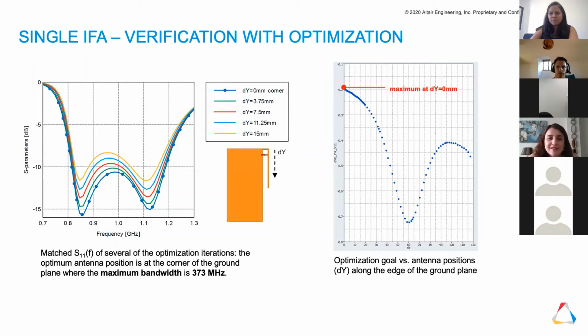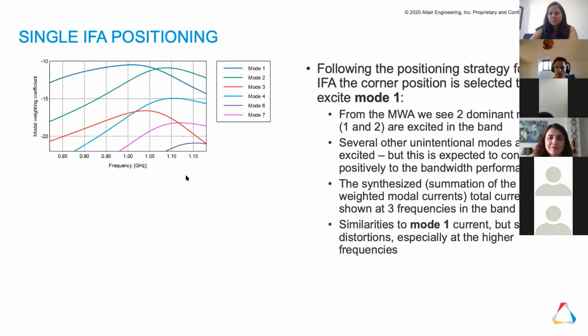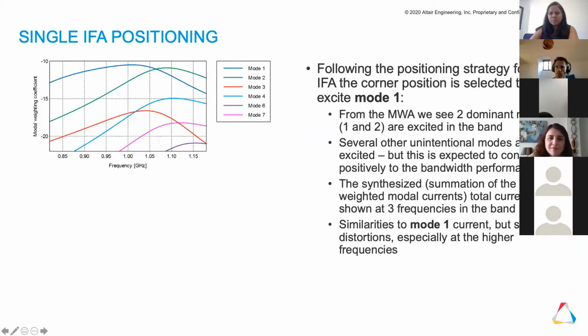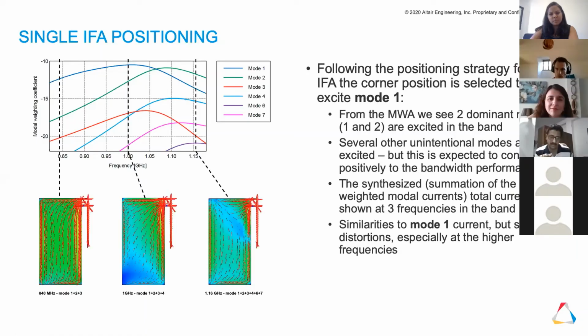I have a question. Somewhere you mentioned that you combined the different modal currents to visualize the dominant current. Are you considering the weighting coefficient as well, or do you only consider the modal currents? Yeah, in this place. So do you consider the modal weighting coefficient along with the combined modal current or not?